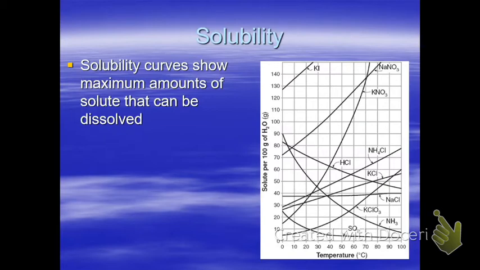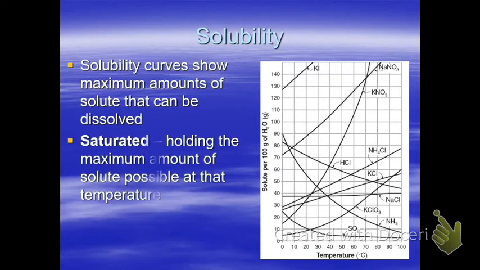This graph is showing you the maximum amount of these solutes that you can dissolve in 100 grams of water. You've got temperature on the X, but look at what's on the Y. Solute per 100 grams of water. How much solute can you dissolve?